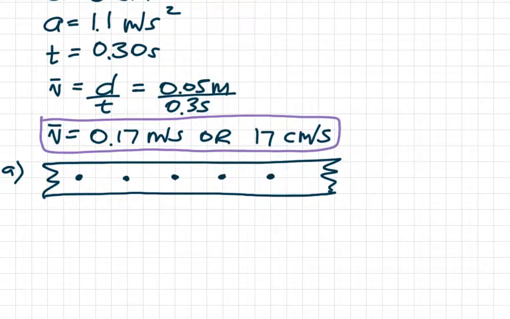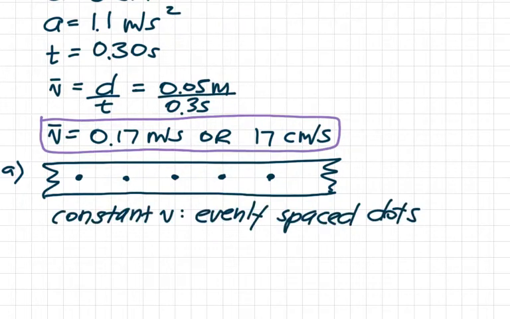We're going to have the same spacing every time. It says at least 4 dots. I drew 5 dots to include the first one, but if it's constant velocity, you're going to have evenly spaced dots. Sometimes with this problem, instead of the tape timer, they have a flashing light, or they might have oil dripping from a car, but it's the same principle.